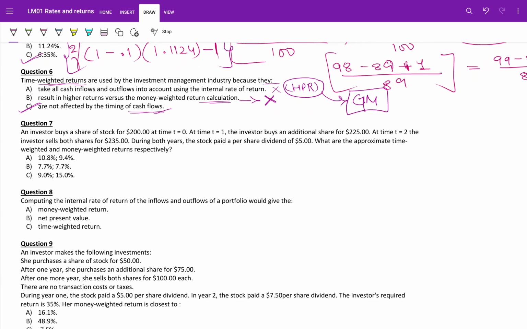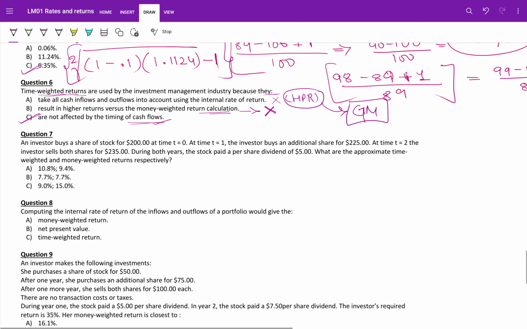So time weighted rate of returns are not affected by the timing of the cash flow. Money weighted returns, by contrast, will be higher when funds are added at a favorable investment time, or will be lowered when the funds are added during an unfavorable time. And that's why time weighted rate of returns offer a better performance measure because they are not affected by the timings of flows into or out of the account.